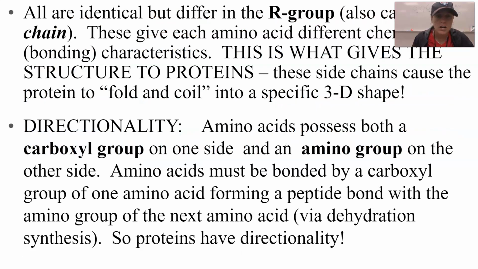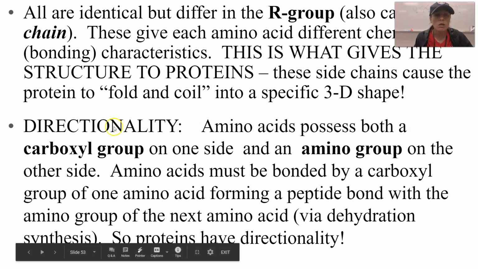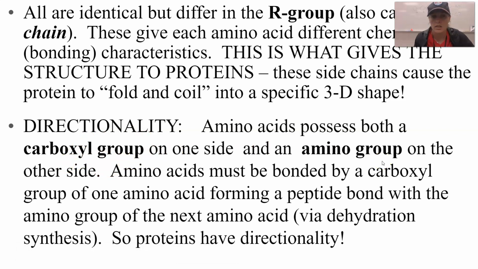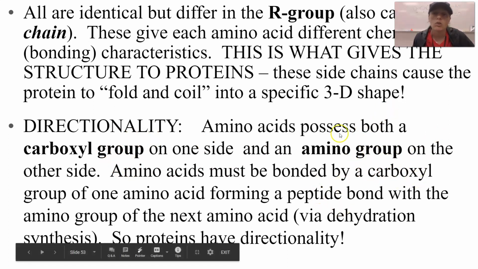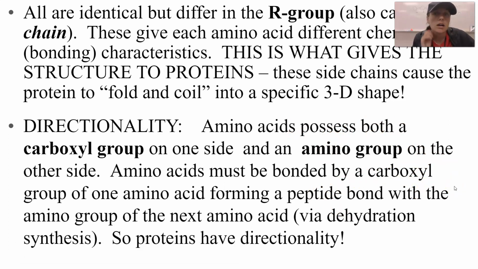Let's talk really quick about some of the unique features. All polypeptide chains line up carboxyl group on one side, amino group on the other, and the carboxyl group will bind to the amino group, and then it'll link on and create a chain of peptide bonds.